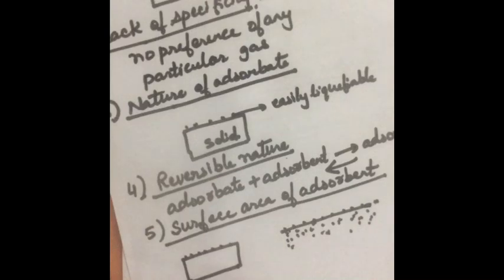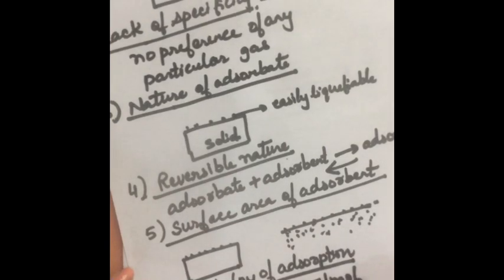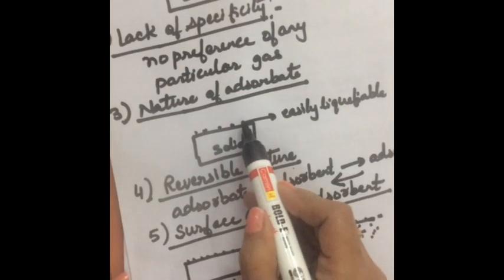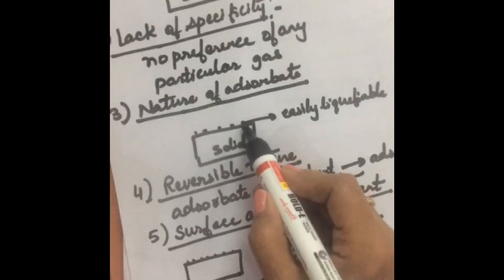Next characteristic is enthalpy of adsorption. Enthalpy means energy. Energy in adsorption is very low. In physical adsorption, this enthalpy of adsorption is very low, 20 to 40 kilojoules per mole. Now, when gases are linking on the surface of solid, there are unbalanced forces on the surface of adsorbent.